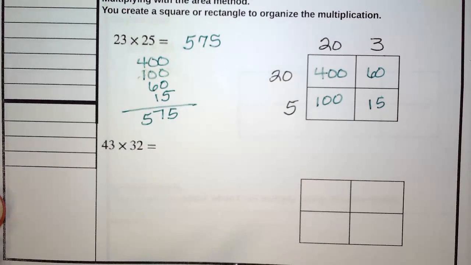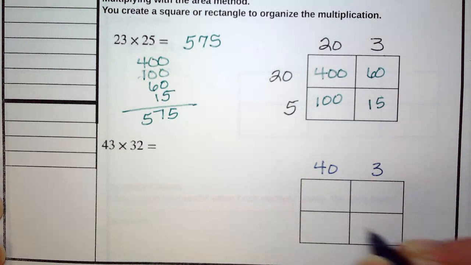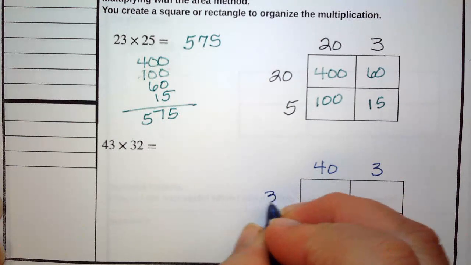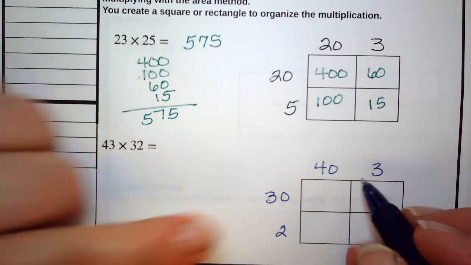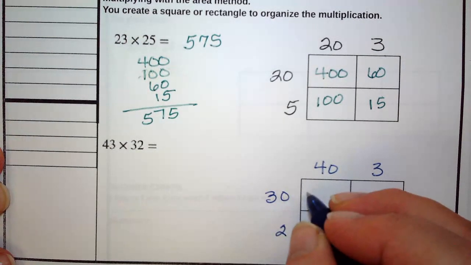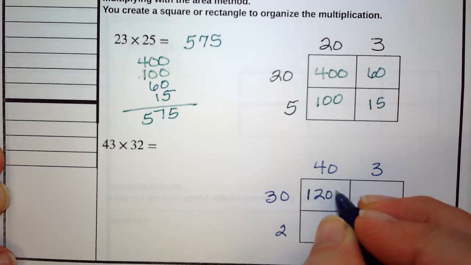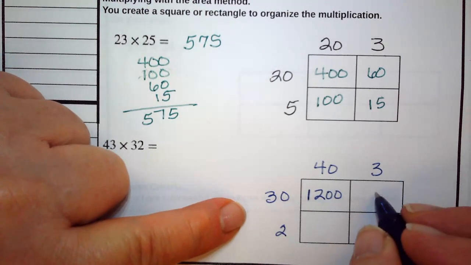Okay, let's try another one together. 43 is 40 plus 3. 32 is 30 plus 2. When I multiply them together, 30 times 40 is 1,200. 30 times 3, 90.